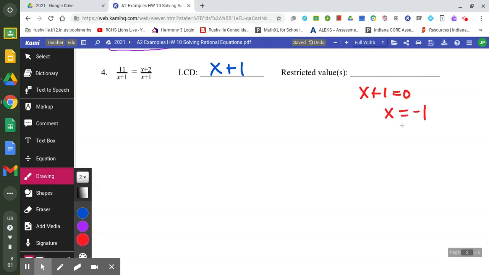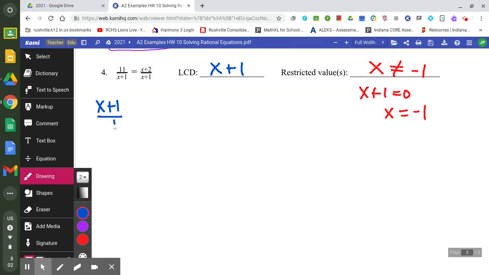And so when we do that, that means that x cannot be -1. And the reason it can't be -1 is it would make this bottom of the fraction a 0, and we can't have a 0 on the bottom of the fraction. So if we work this out and end up getting a -1, then we can't use it. So our least common denominator is x plus 1.